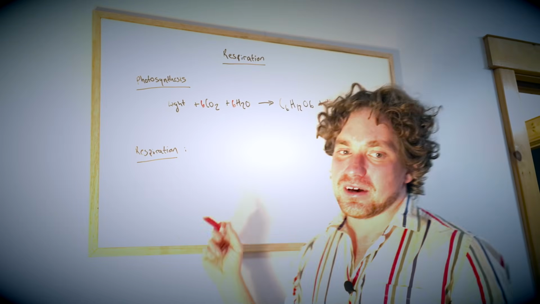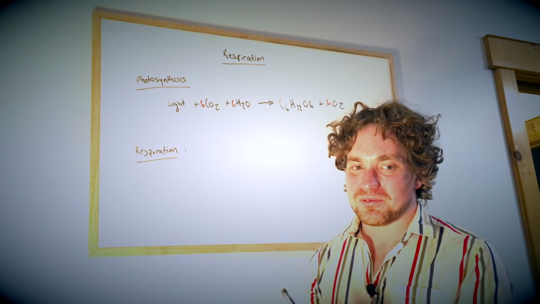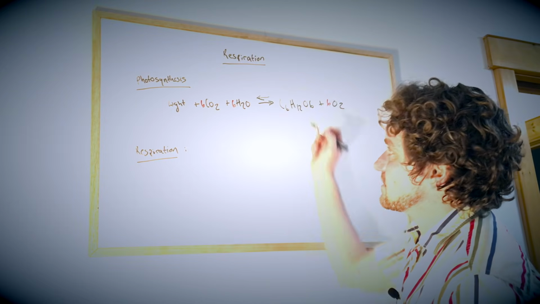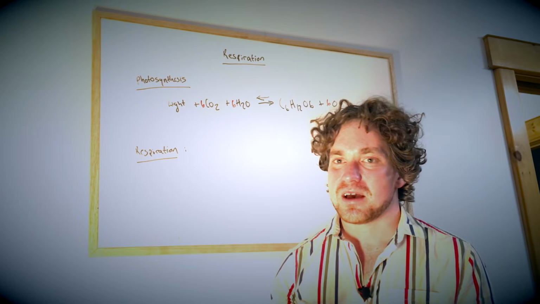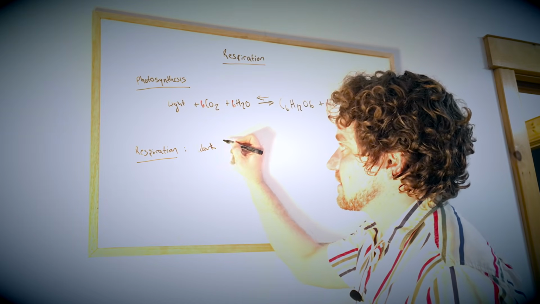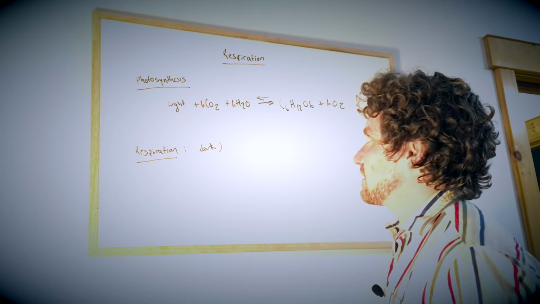So we're all familiar with that, but what respiration actually is is just the opposite way of the reaction, and this happens in the dark. So these are dark cycle reactions and are pivotal.